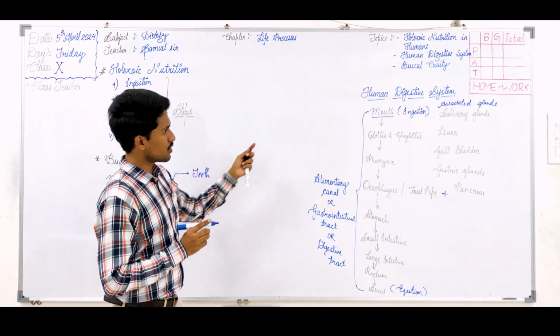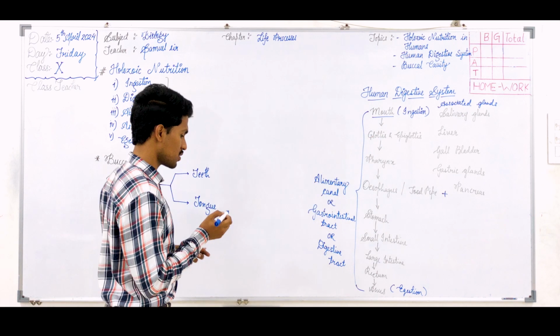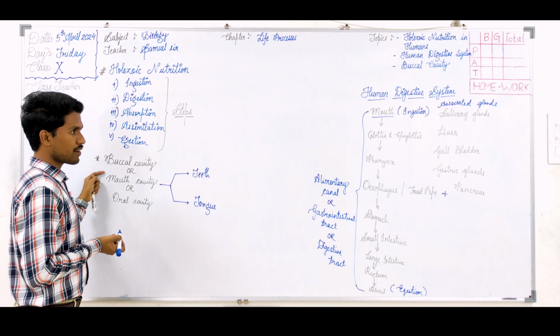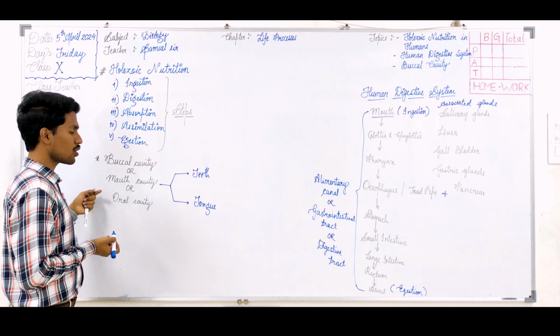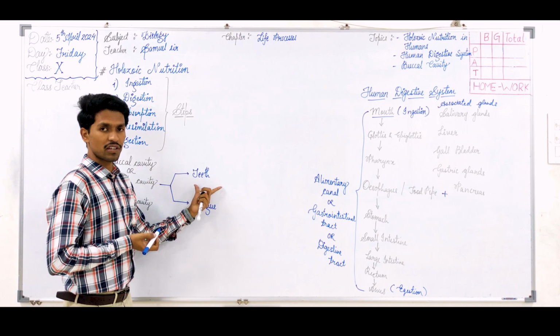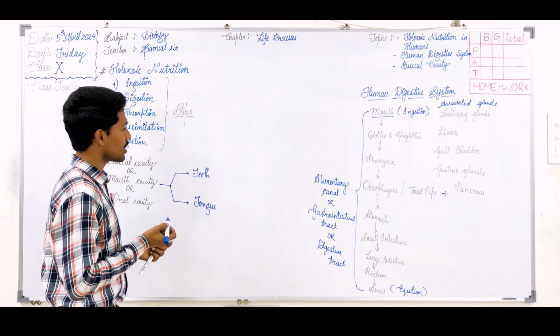In the human digestive system, at the mouth region where ingestion starts, we notice the buccal cavity, which has other synonyms: mouth cavity or oral cavity. This is divided into two regions, the teeth region and the tongue region. Let us see both of them in detail.